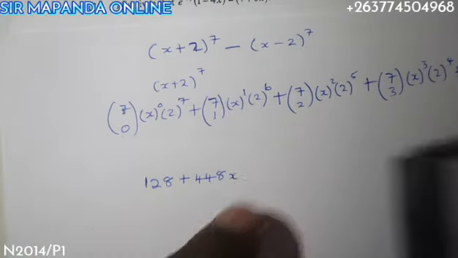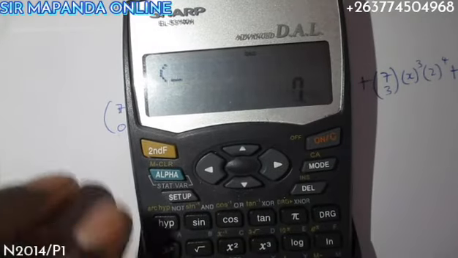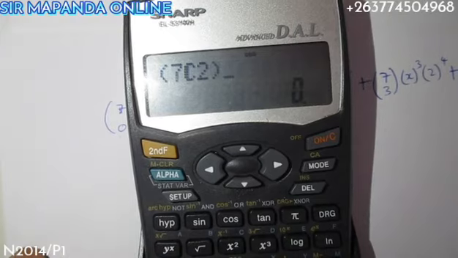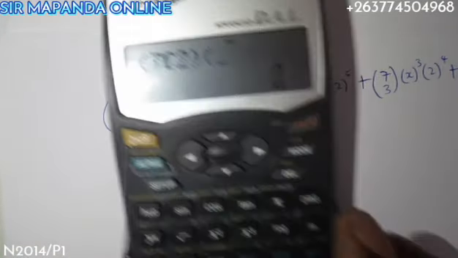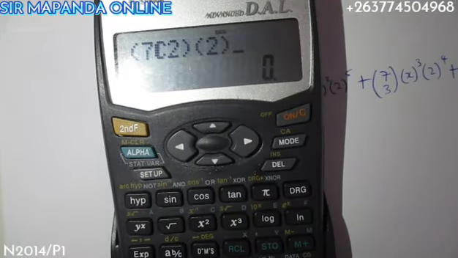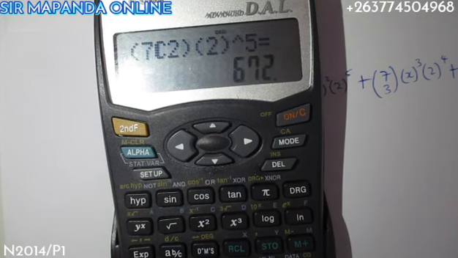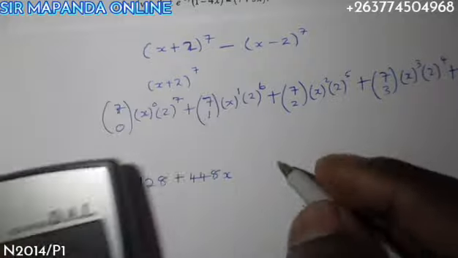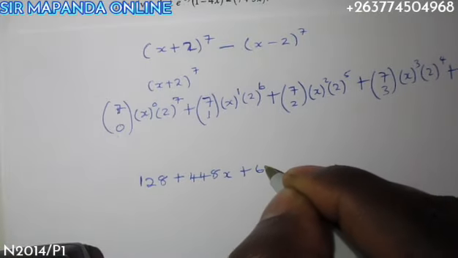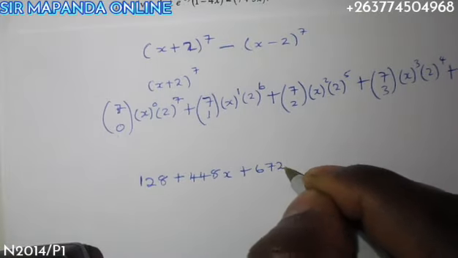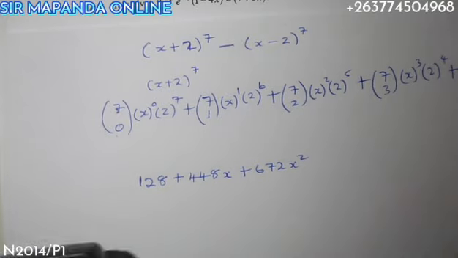Then you move on to the next term. It's 7 choose 2 times 2 to the power of 5. You get 672. So this is 672 x squared.